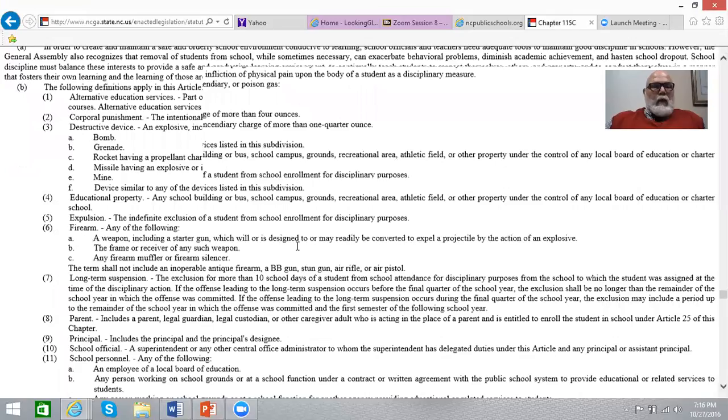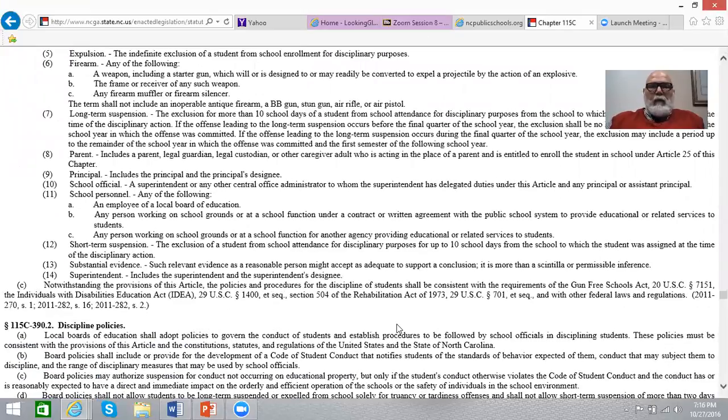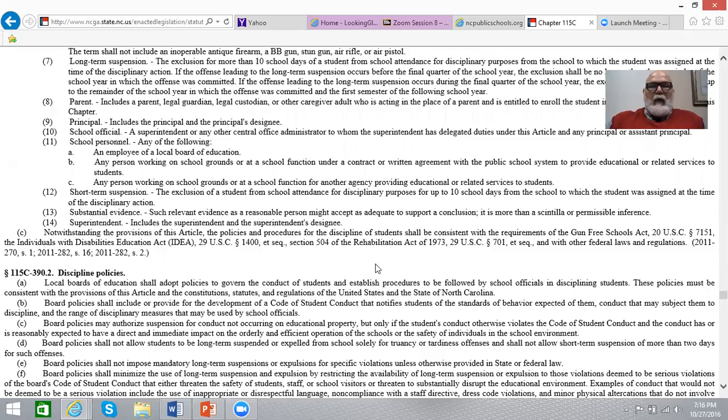And the reason I pulled this up is that all these disciplinary actions that you are allowed to take and all these policies that are spelled out in state law, they also have to be consistent with IDEA.